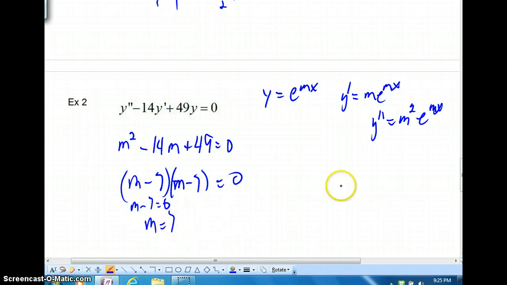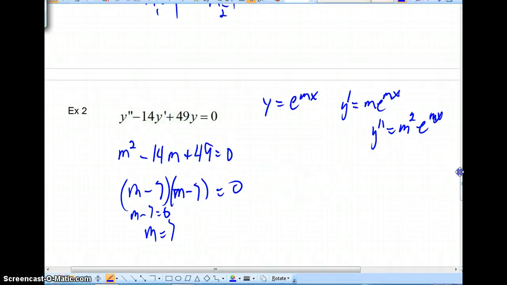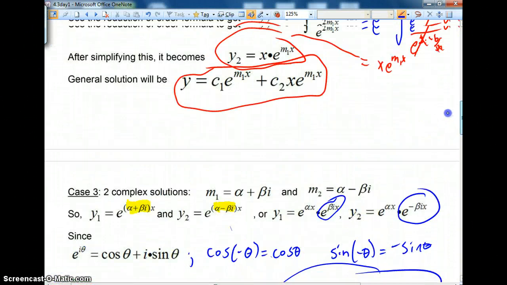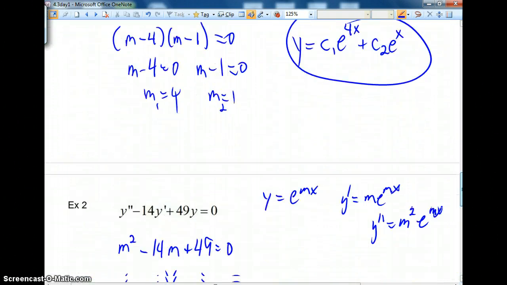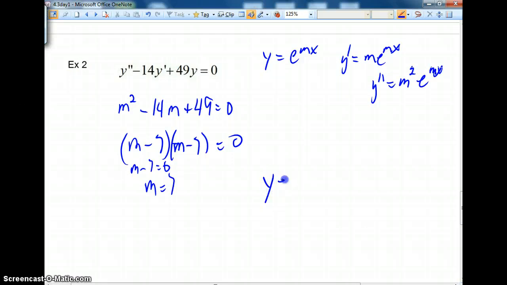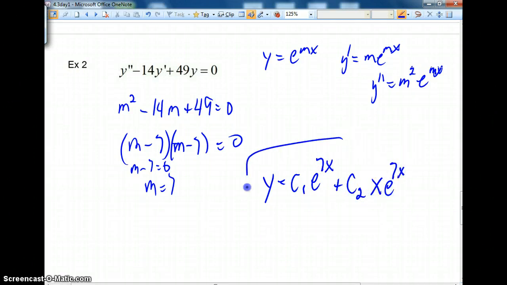And this yields the discriminant equaling 0. Go back to case 2. If we had e to the m1x as a solution, the other solution would be x times e to the m1x. Very quickly, we arrive at a general solution of c1 e to the 7x plus c2 x e to the 7x. And we are done.